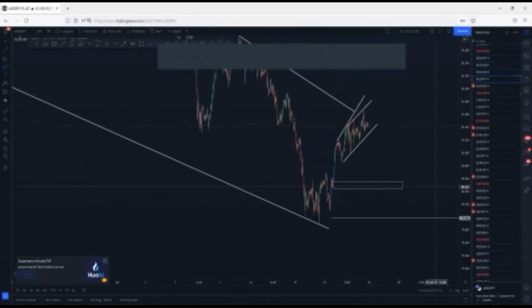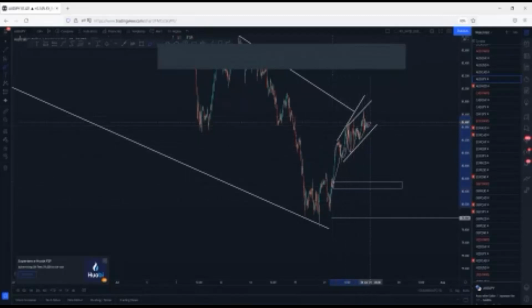This is last week's box. I just highlighted it: if the market comes back and pulls back, I will enter. I didn't check it, but it came back and made a small pullback. Even here, we had a big momentum and then it's losing momentum, meaning it's forming a reversal pattern.